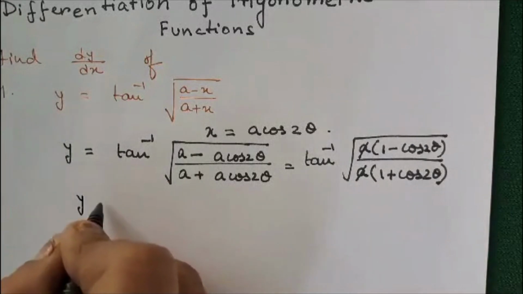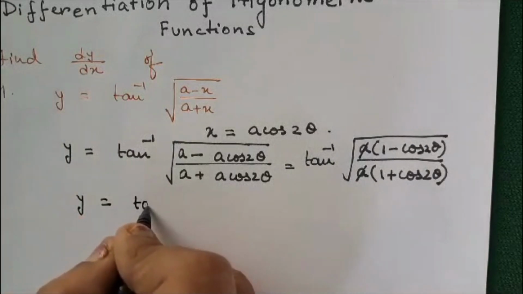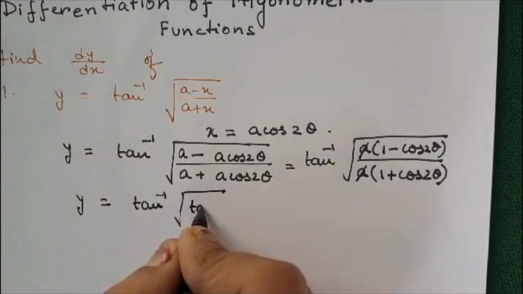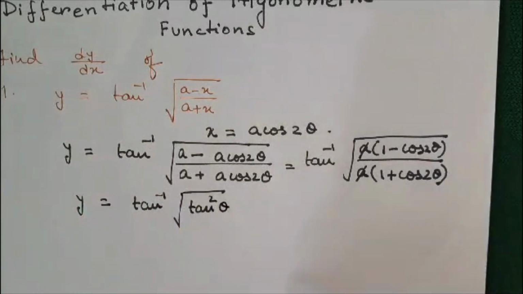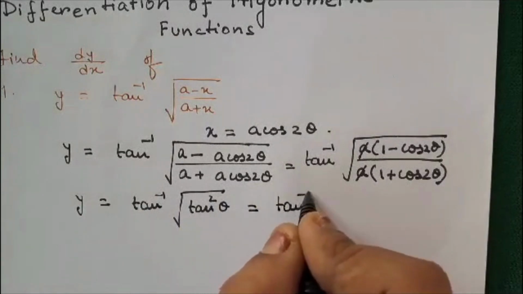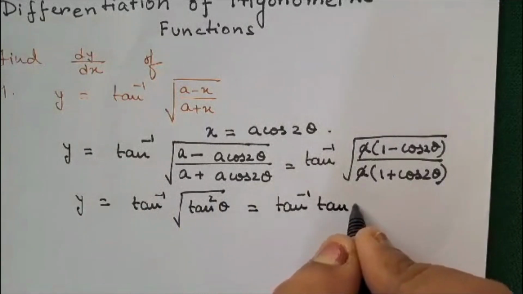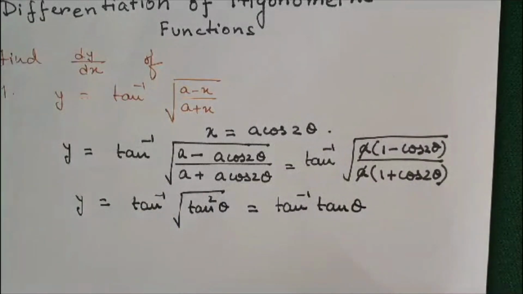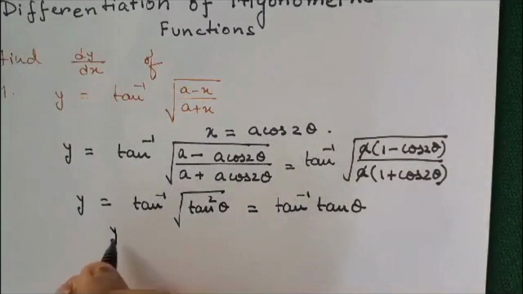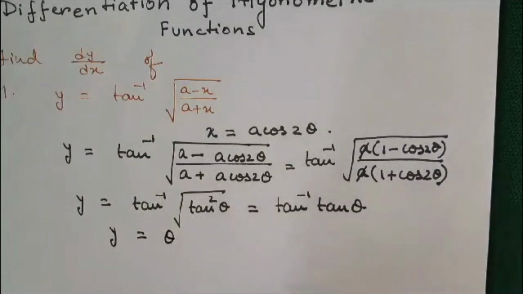So I am writing y is equal to tan inverse of square root of tan square theta, which is equal to tan inverse of tan theta. So your tan inverse and tan gets cancelled. So what you are getting, y is equal to theta.